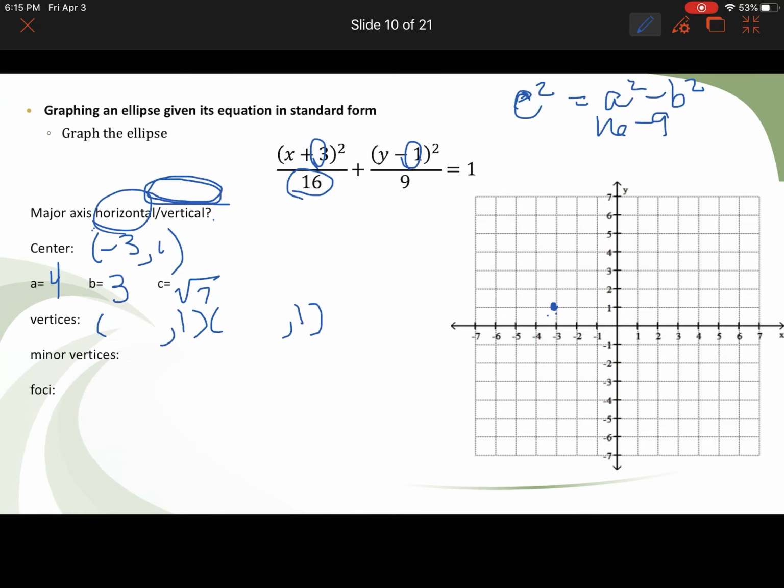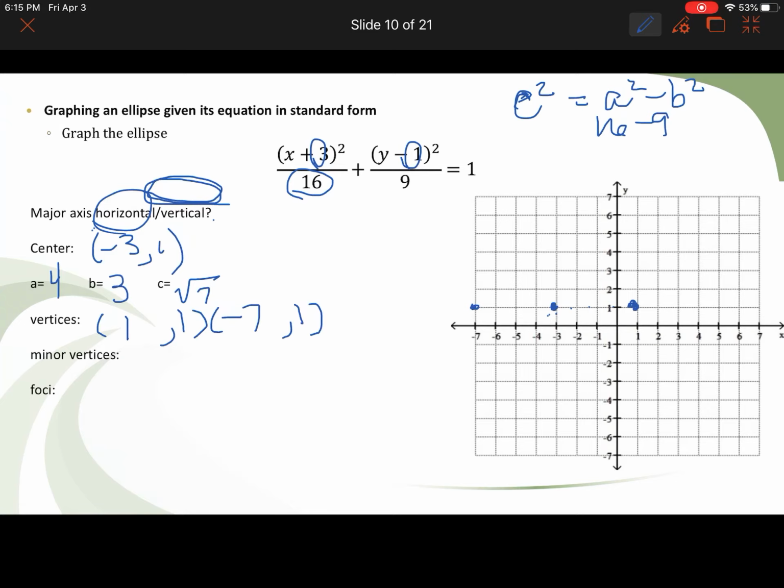Those are going to be my y values. My x values are going to take -3 plus 4, which will be 1, because I'm going to go from -3 over 1, 2, 3, 4. And -3 minus 4, so it's going to be -7. So that'll be right there.